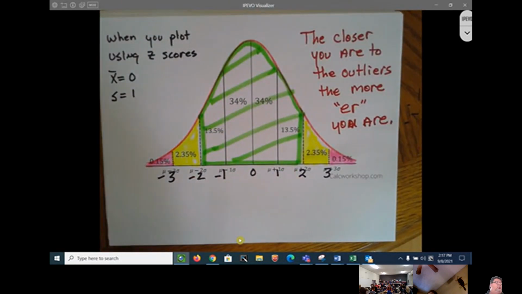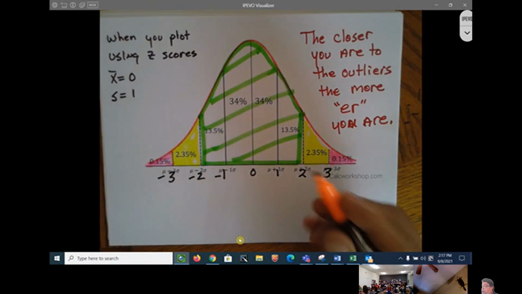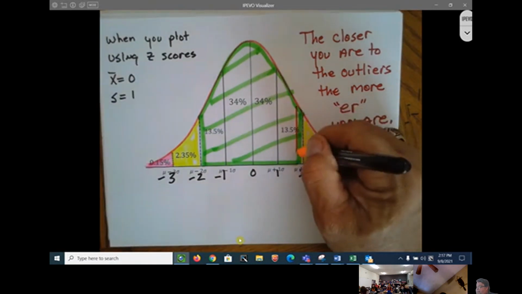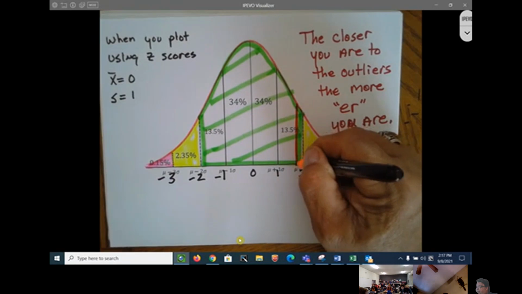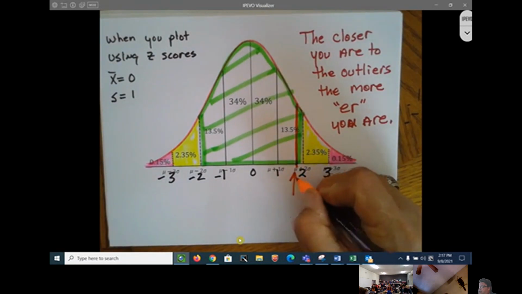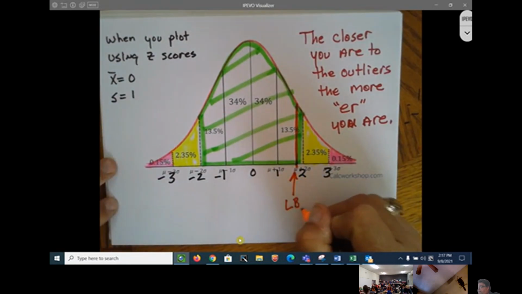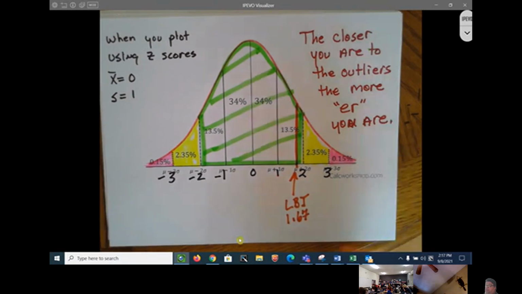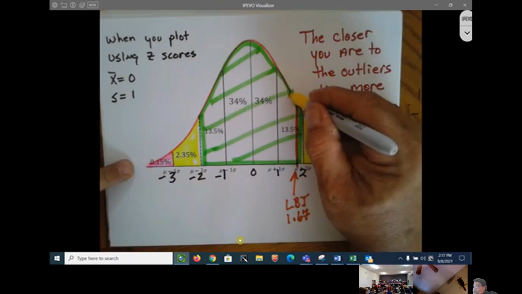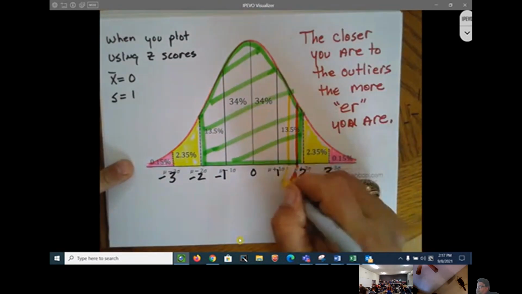So LBJ is 1.67, right? LBJ is 1.67. And Shaq is 1.51.